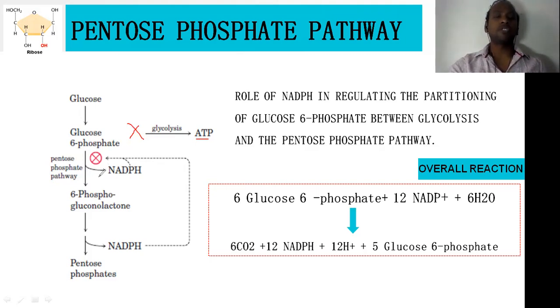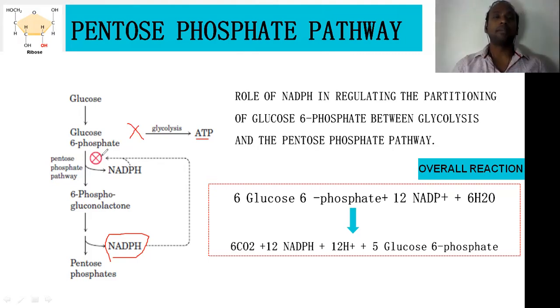Then even in the pentose phosphate pathway, definitely, if the product NADPH is more in a cell, it will go and act on the dehydrogenase enzyme, that is glucose 6-phosphate dehydrogenase, which will say that I have enough in this particular cell, so please stop this pathway. This information is given by NADPH. This we call feedback inhibition.